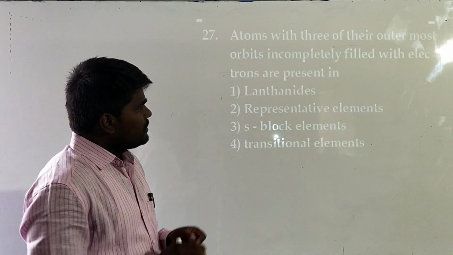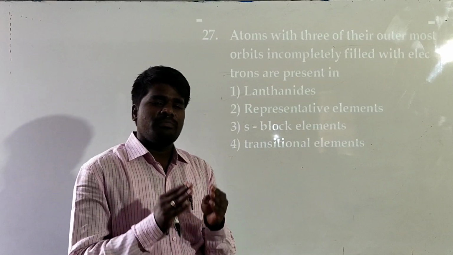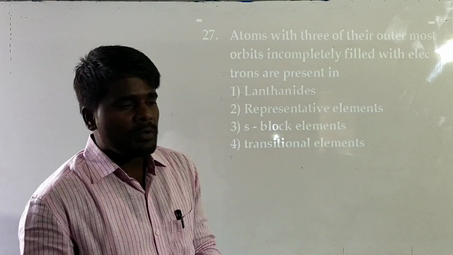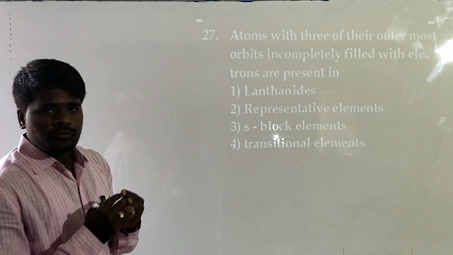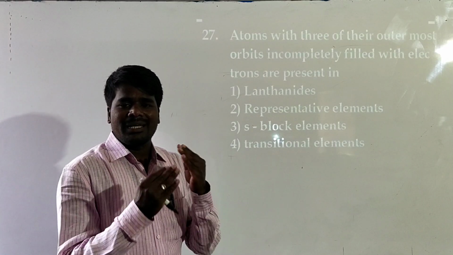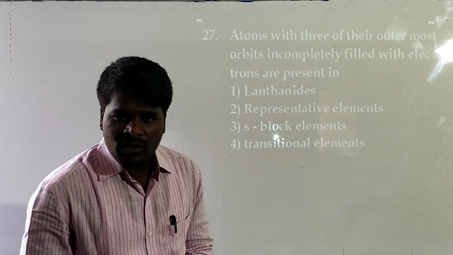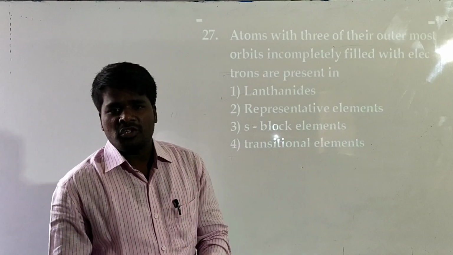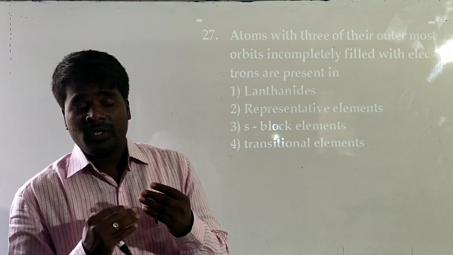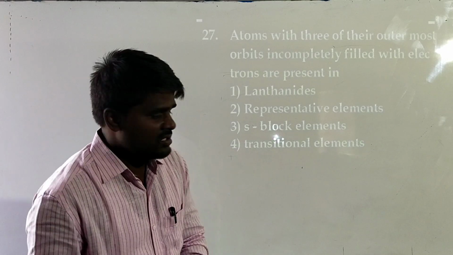Here, this is actually the classification of elements based on properties. Based on the properties, elements are classified into 4 categories: inert gases, representative elements or normal elements, transition elements and inner transition elements, based on the number of incomplete shells.